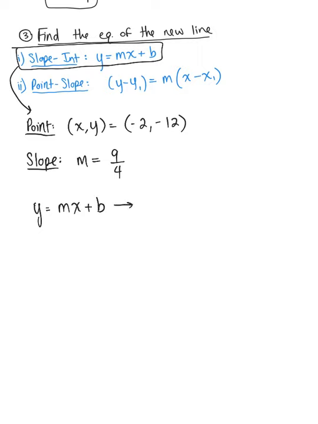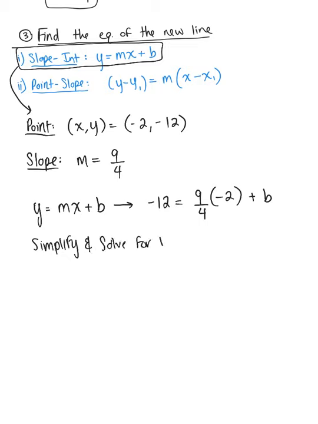So this will become: y is -12 is equal to the slope of 9/4 multiplied by x is -2, plus b. And now we'll simplify and solve for b, b being our y-intercept.